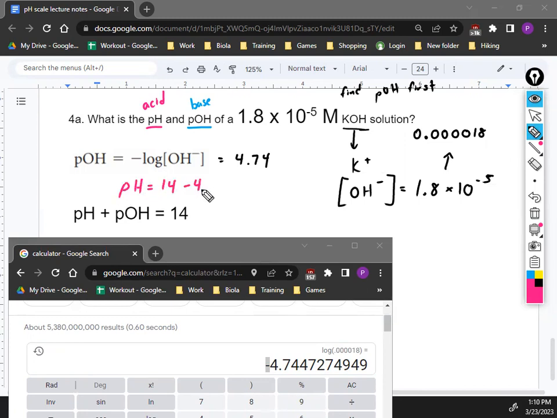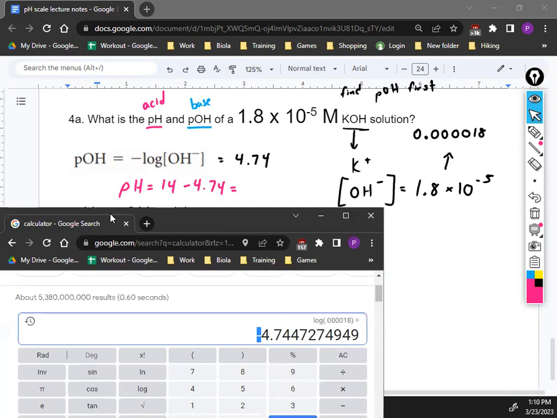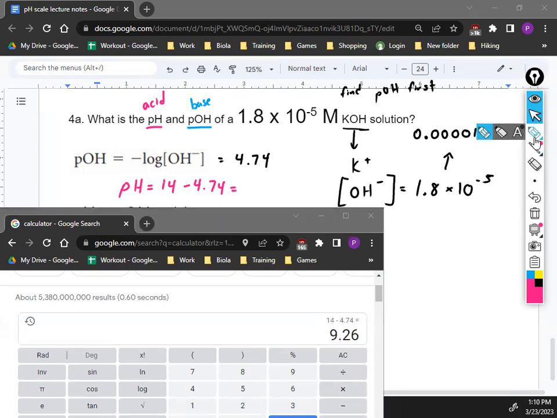So 14 minus 4.74 is going to give us our pH, and that gives us 9.26. So the pH is going to be 9.26, and the pOH is going to be 4.74.